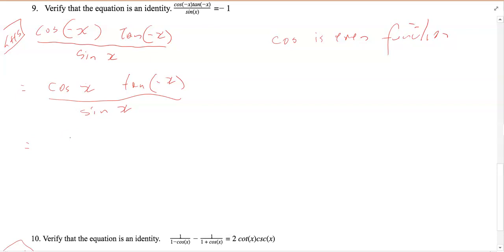We want to do that, right? It's negative tan of x. So that's cosine of x times negative tan of x over sine of x, because tan is an odd function.